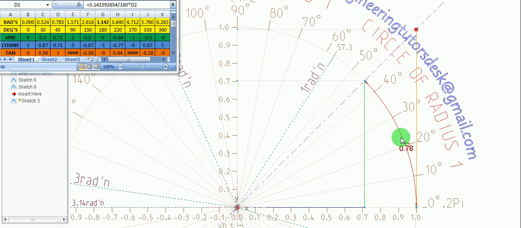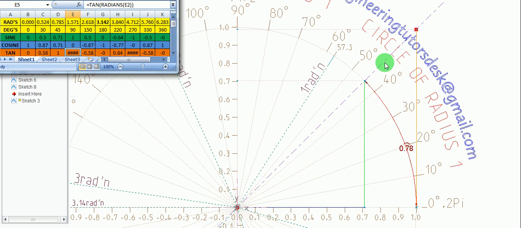Let us measure at 90 degrees. 90 degrees is also equal to 1.57 radians. The sine will be 1, cosine is 0, and tan is undefined.